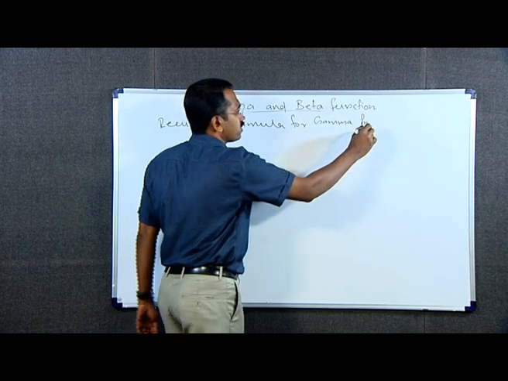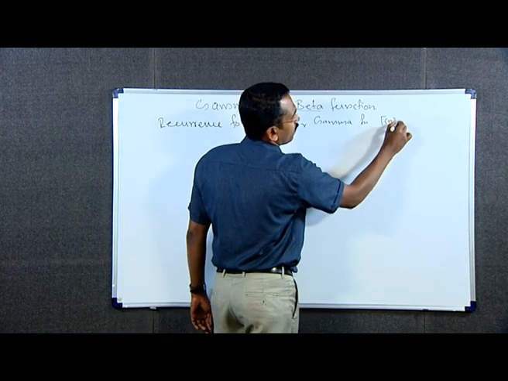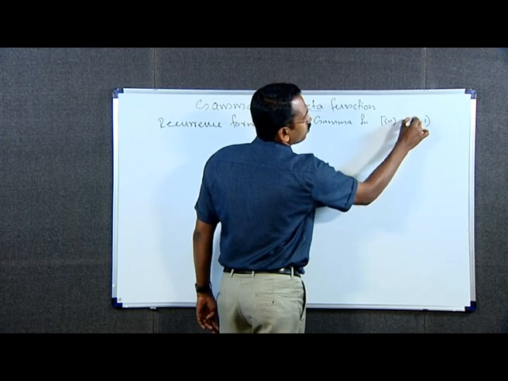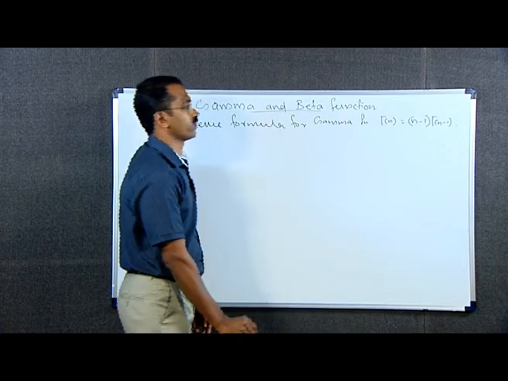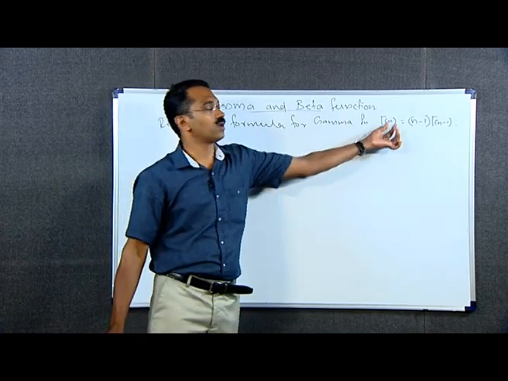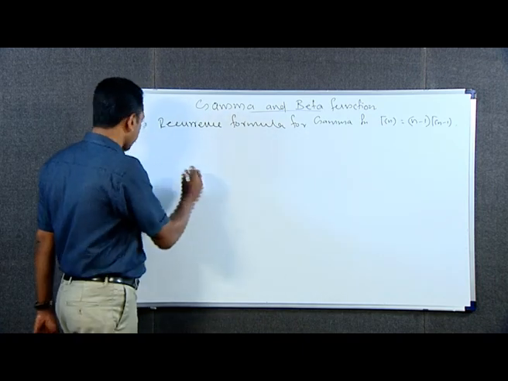The formula is gamma n is equal to n minus 1 into gamma n minus 1. We can derive this formula by the definition of gamma function.